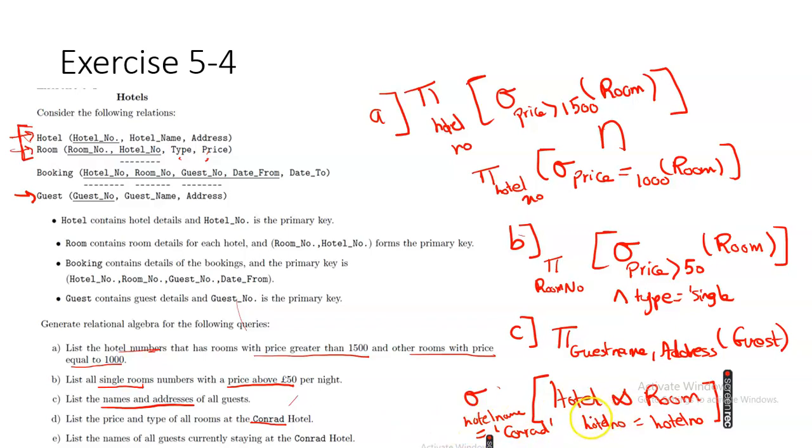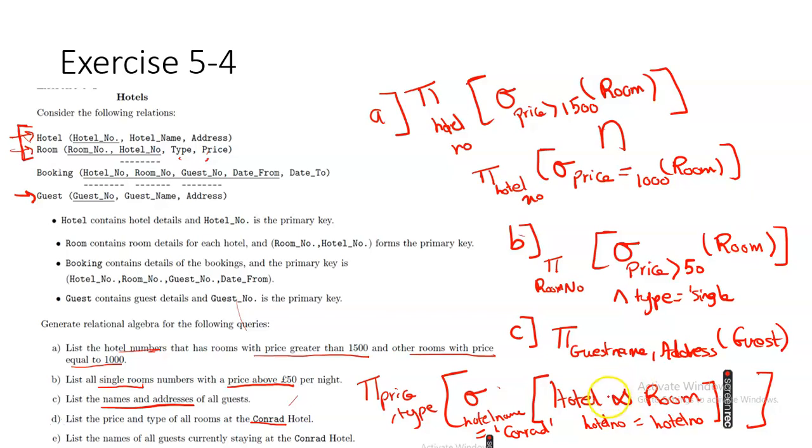Are we done yet? No, because we want the price and the type. We do not want all other attributes. So we can project price, type from this whole relation. This will be the same if we make hotel product room and we put the two conditions outside here, because the conditional join is equivalent to the product and then selection.